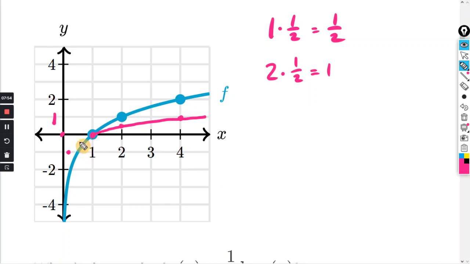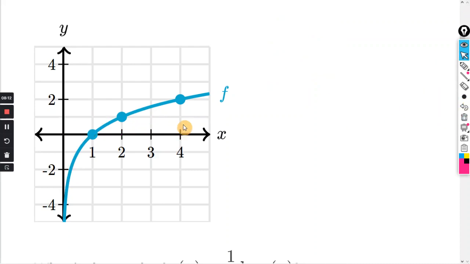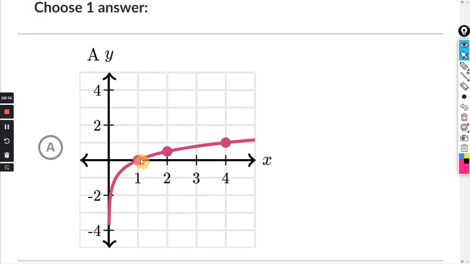You don't have to do this part down here, but it's basically going to be like so. Anyhow, just check the options at 1, 2, and 4. It's going to be at 0, 1/2, and 1 when we scroll down. We're looking at 0, 1/2, and 1 for the new points.